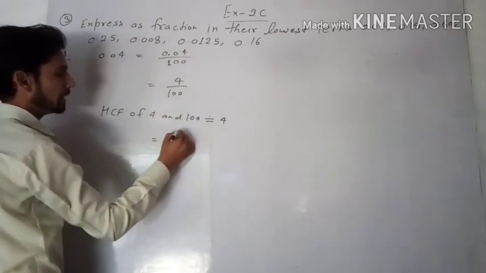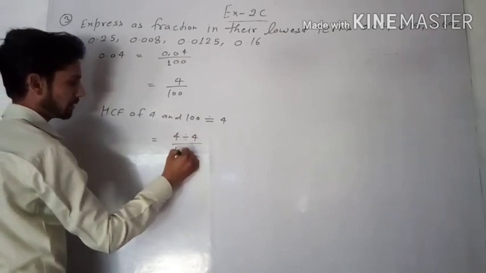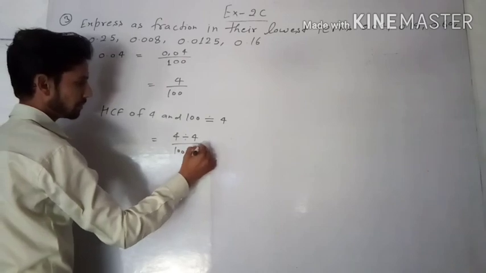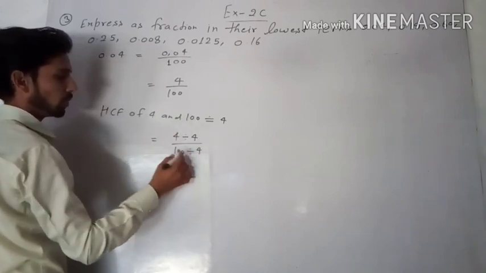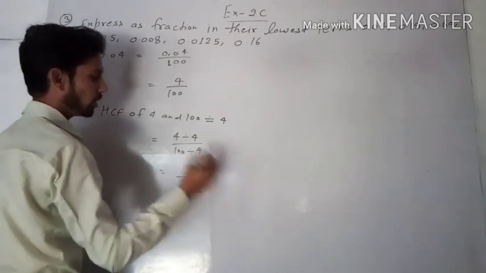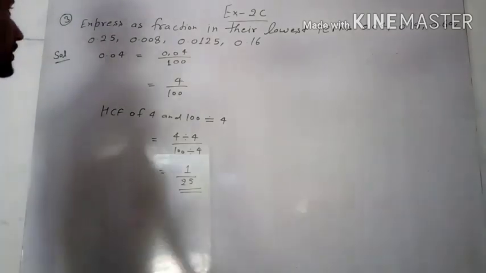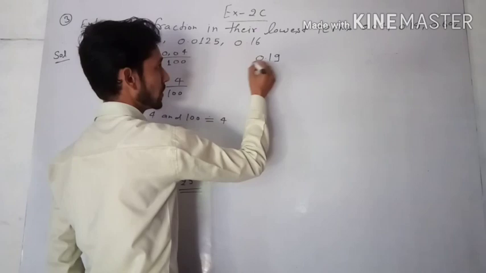So divide the numerator and denominator both by 4. 4 1s are 4. 100 divided by 4 is equal to 25. That is your answer. Second, 0.19.